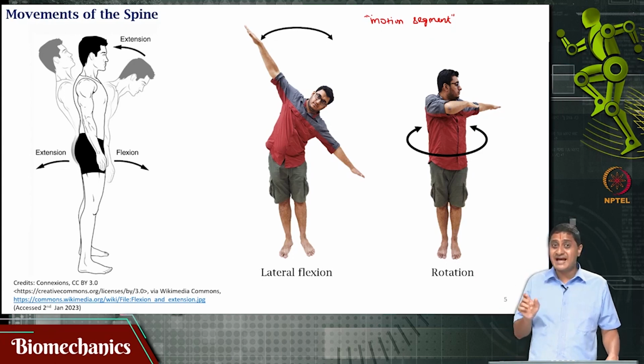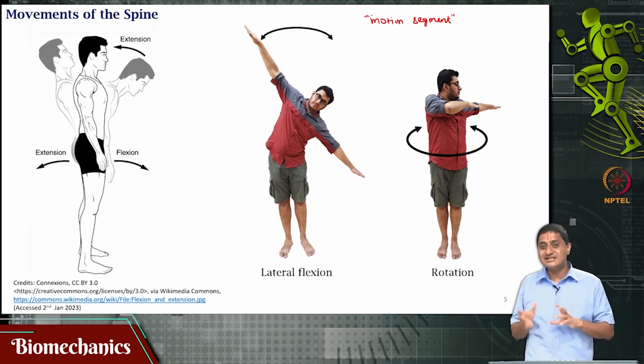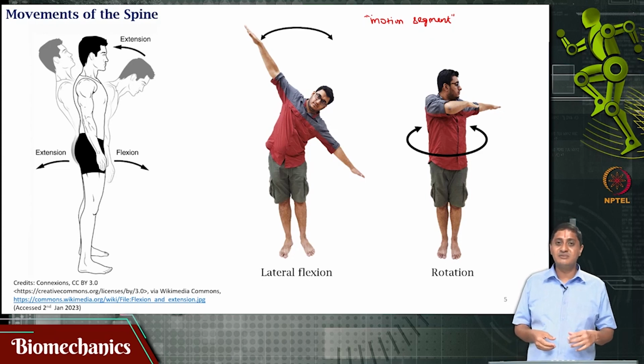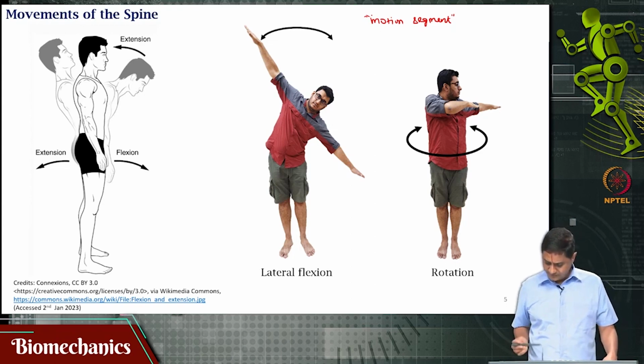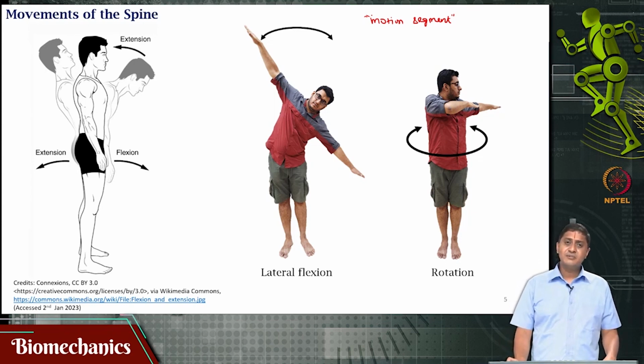All of these movements add up to cause a net change in the angle, which becomes visible as the bend, as the flexion of the spine. So, they all add up, and because of this the spine can have a considerable range of motion, a lot of range of motion.